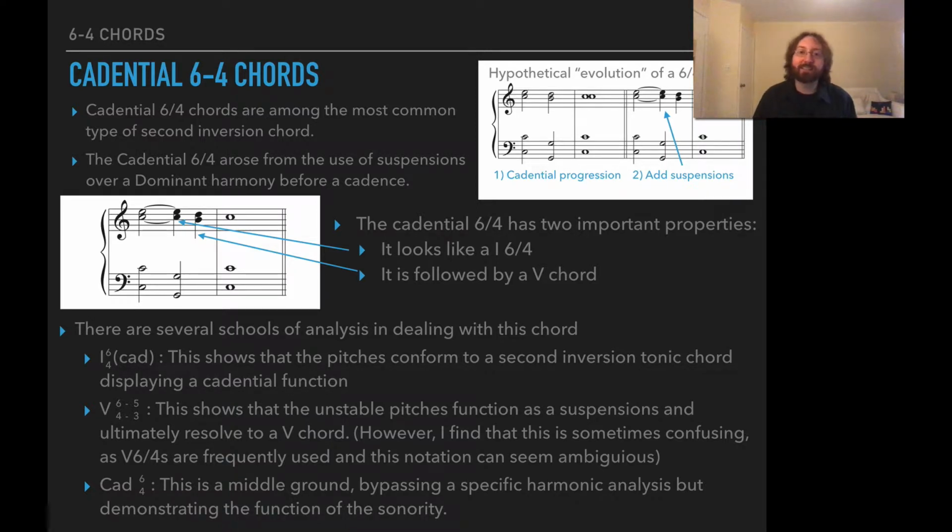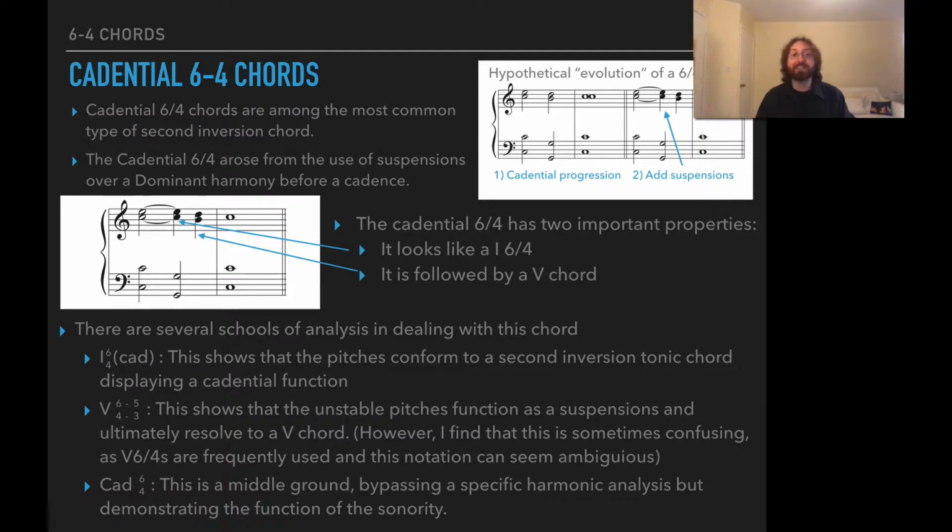But I can find that this sometimes is confusing, as 5/6/4s are frequently used in the common practice era, and so this notation can be ambiguous because a 5/6/4 sounds completely different. There's a 5/6/4. So this notation I find to be ambiguous, and there's some issues with it, but other people find it descriptive, and you might have encountered that as well.